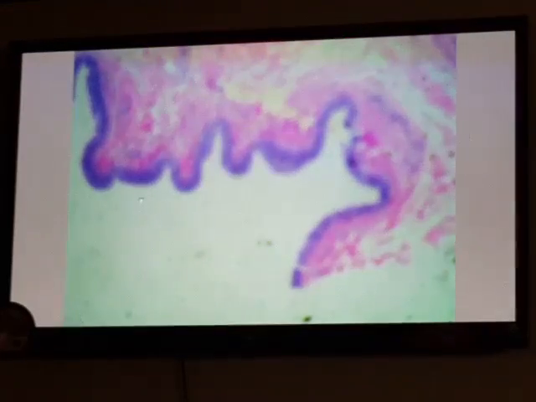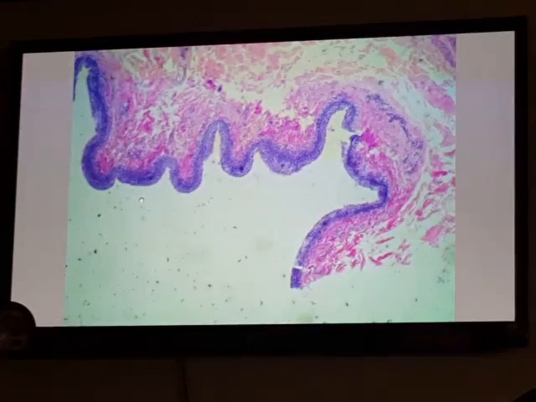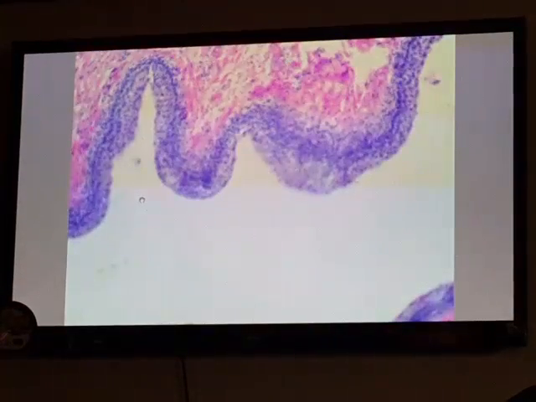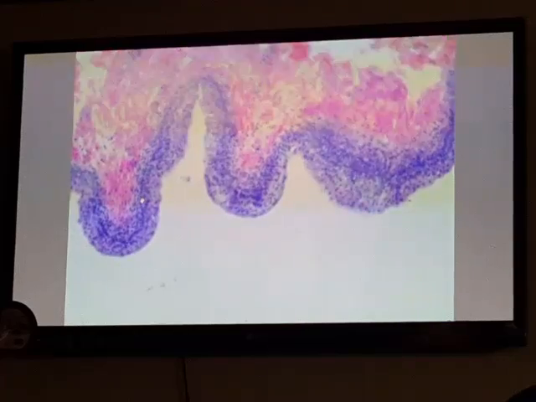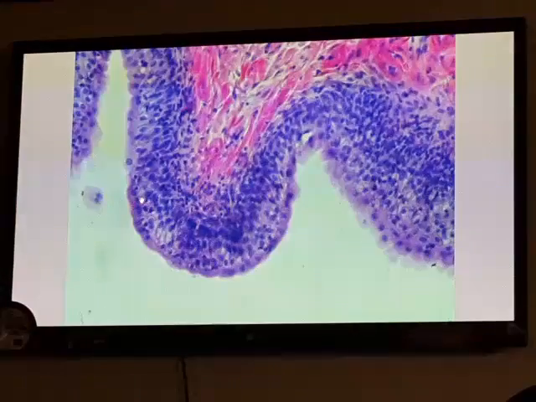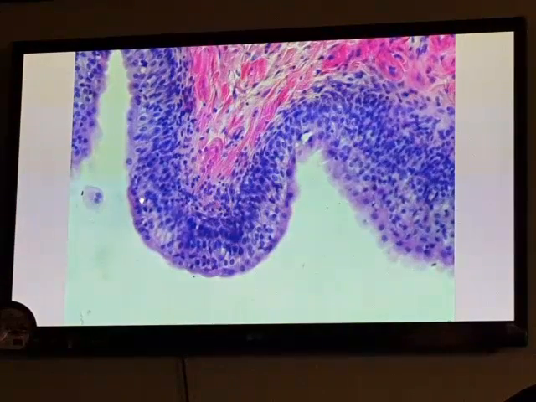This slide is a section in the urinary bladder. The epithelium is also transitional epithelium. Cells in the superficial layer are called dome cells.